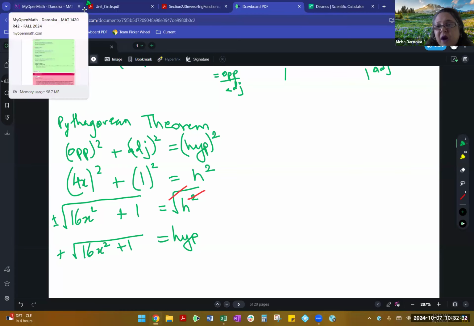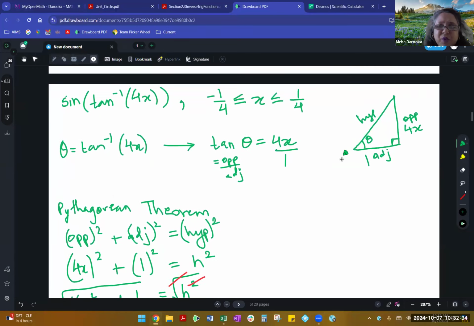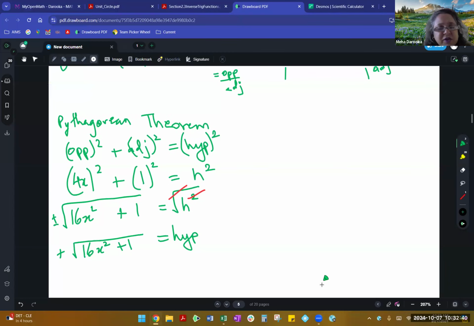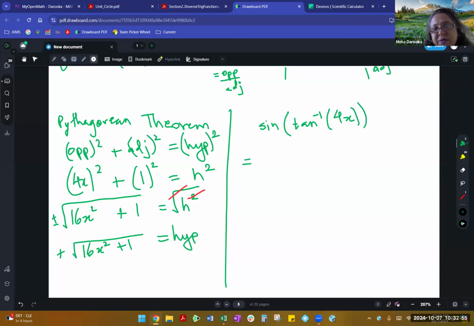Alrighty, so now that we have our hypotenuse calculated, we can now go back to our sine function. So of course we define sine, and I'm just going to do that on the side here. So sine of tangent inverse of, what did we have? 4x originally, will come out to be sine of theta, which would be basically opposite over hypotenuse.